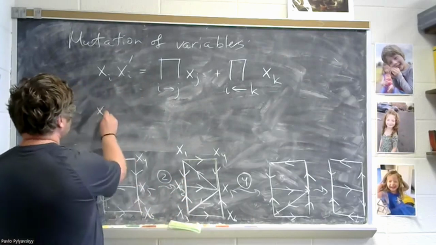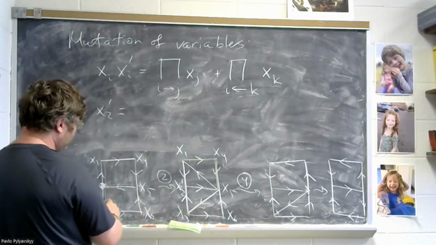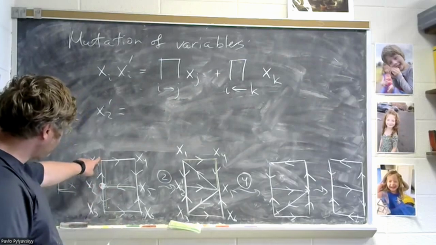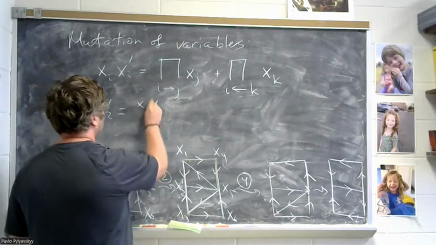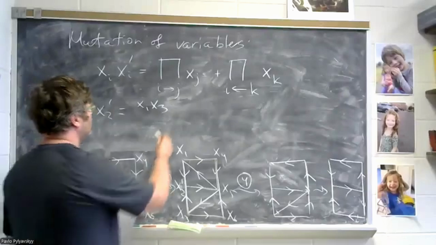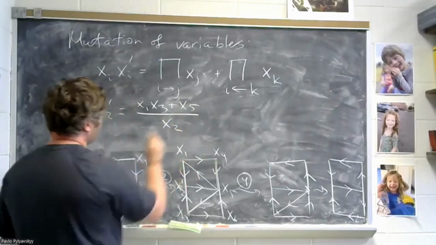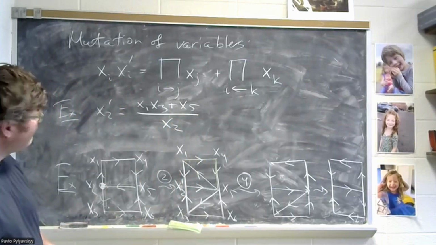And what it gets replaced with in this example is, let's see, outgoing arrows, x1 and x3, incoming arrows, x5, and you divide by the old value. And that's your new value.